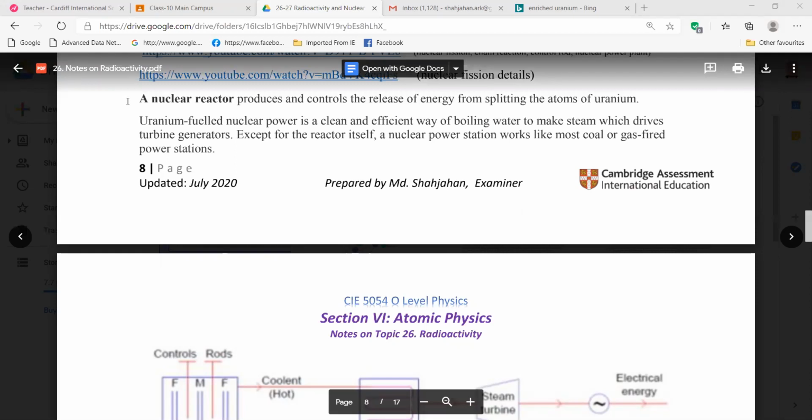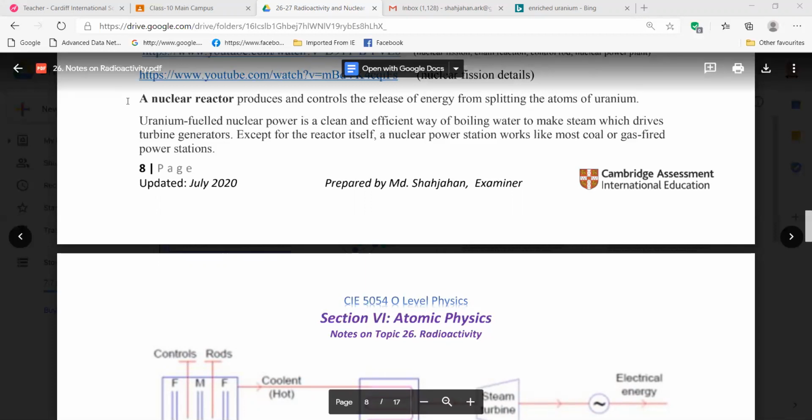Okay, wait. We got one very important thing here: the electricity you are producing from a nuclear power station is clean and efficient. Why is it clean? Because we are not getting any smoke or dust, but in fossil fuels we are.